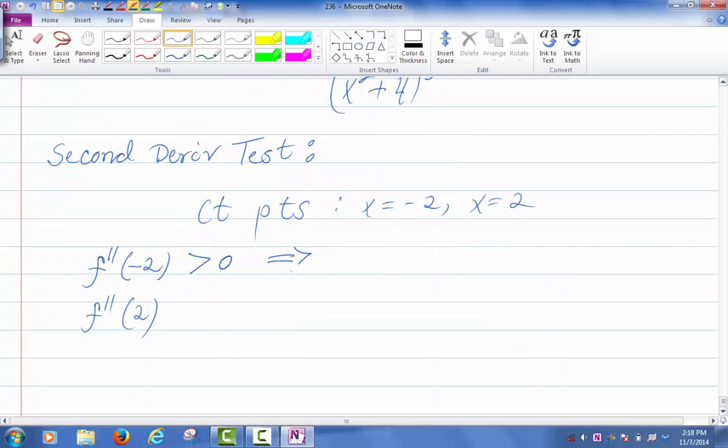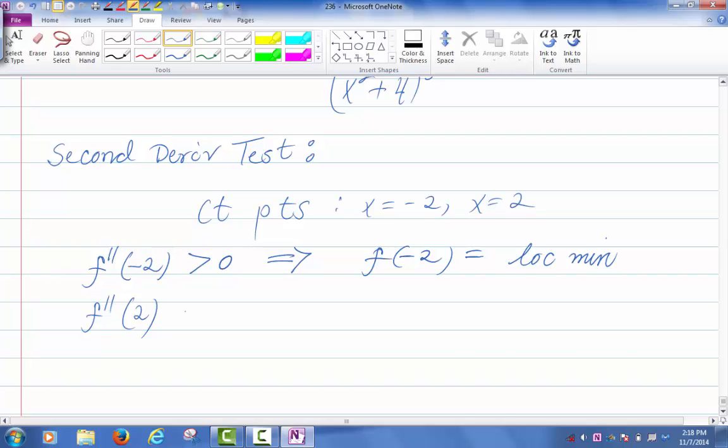So the second derivative says that f of negative 2 is what? Local max or local min? Second derivative at the critical point negative 2 is positive, which means concave up. The function is concave up there. So you have a local what? You have a local min there.